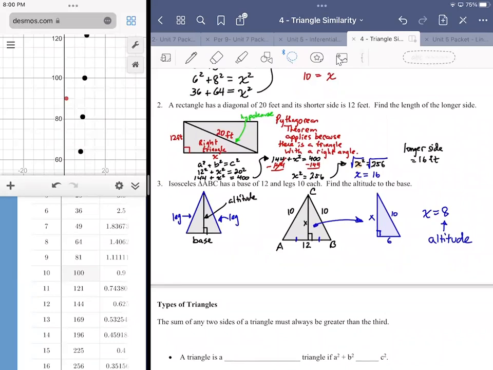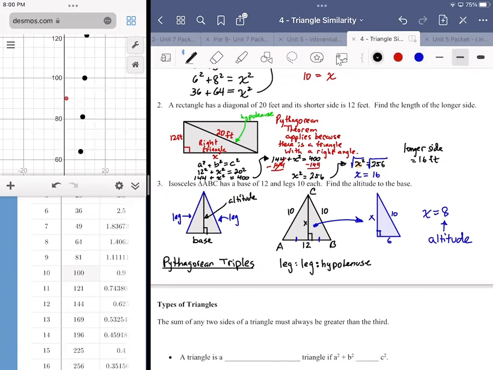So, they're in the form of leg, leg, hypotenuse. All right, so leg, leg, hypotenuse.